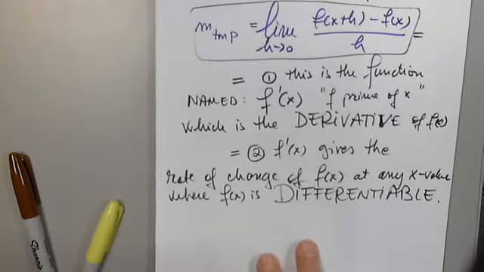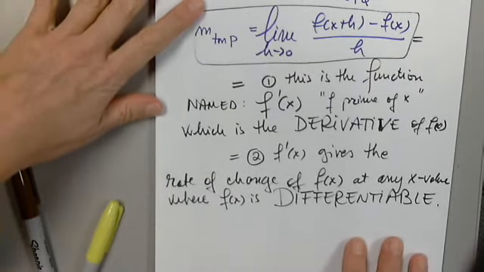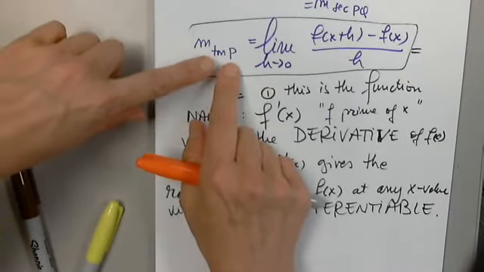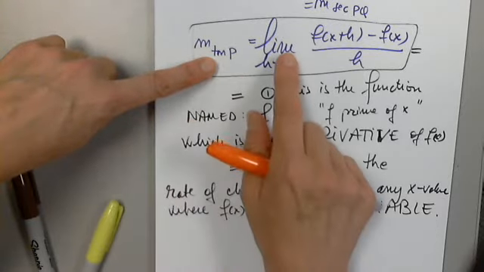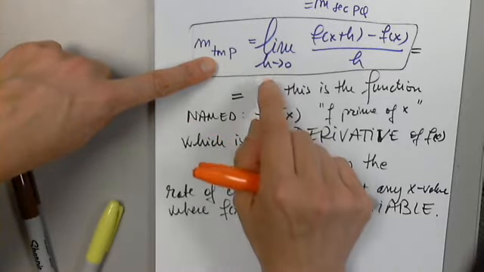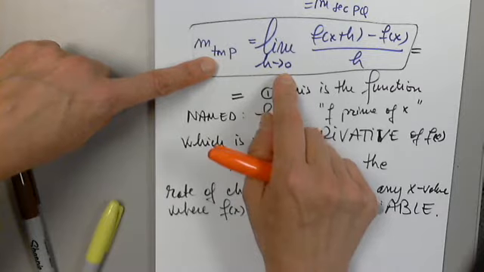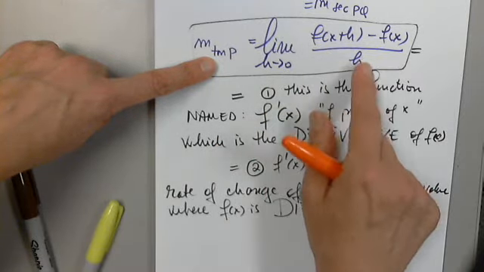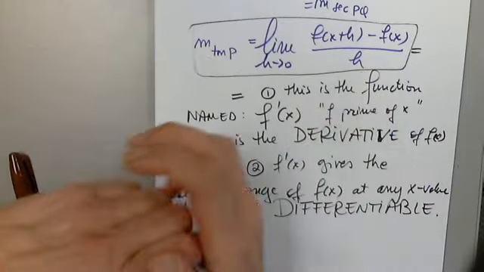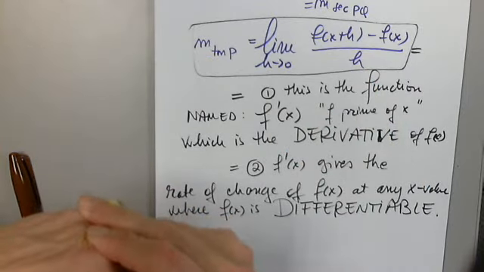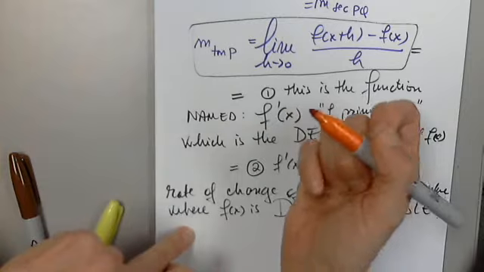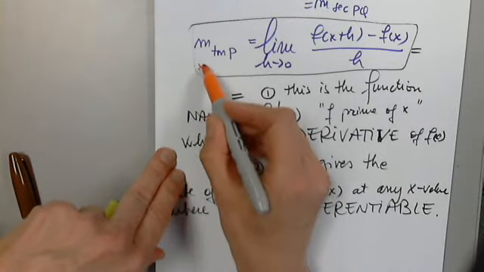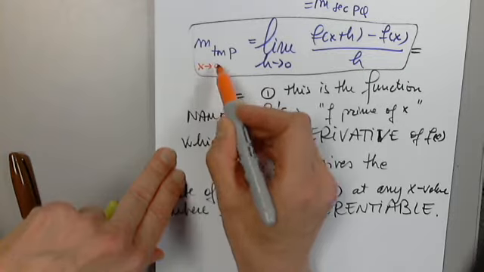Okay, let's summarize from the beginning. This is not the end, so I have more to say. So the slope of the tangent line at P is the limit as h approaches 0 of f of x plus h minus f of x over h. To be 100% accurate, this should be when x approaches a.